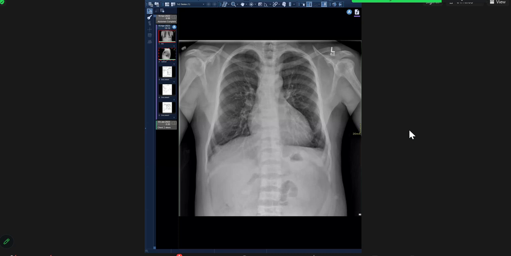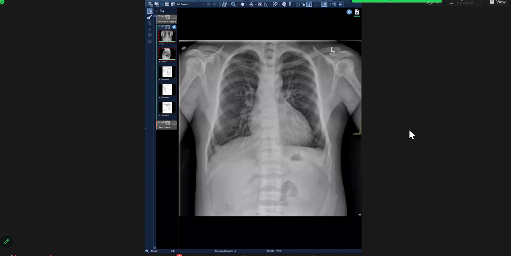However, I can see an opacity in the region of the right hemidiaphragm, a nodular area which is causing indentation, bulging of the right hemidiaphragm. The cardiomediastinal contours are within normal limits.